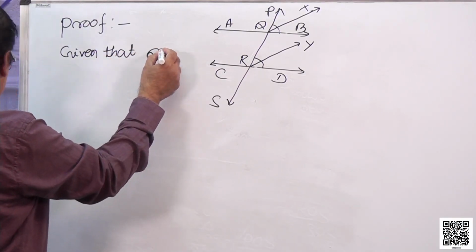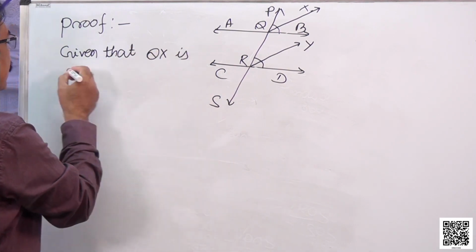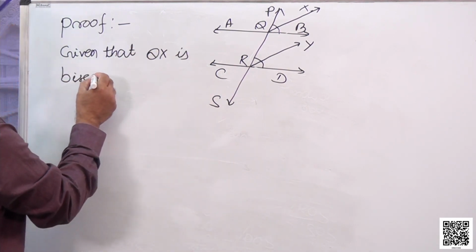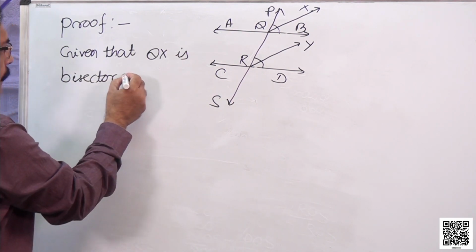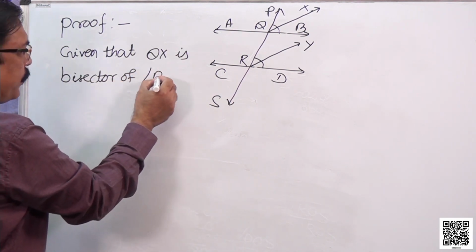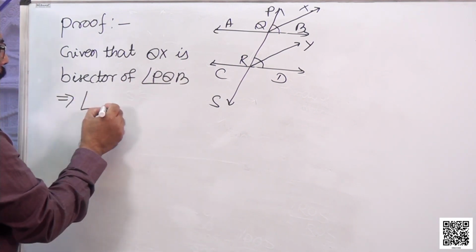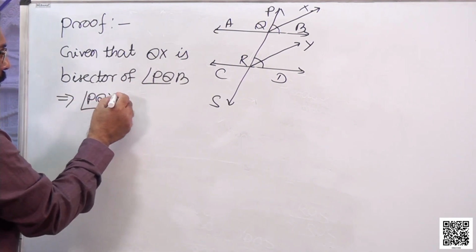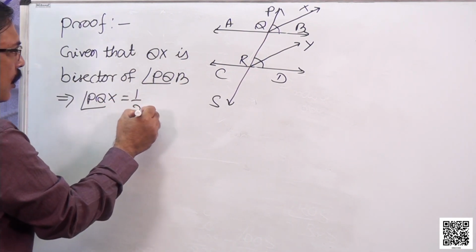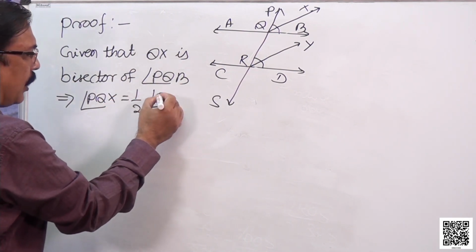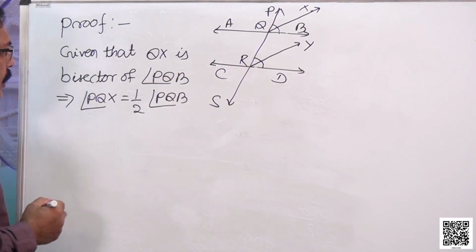So given that QX is the bisector of angle PQB, this implies angle PQX is equal to half of angle PQB.